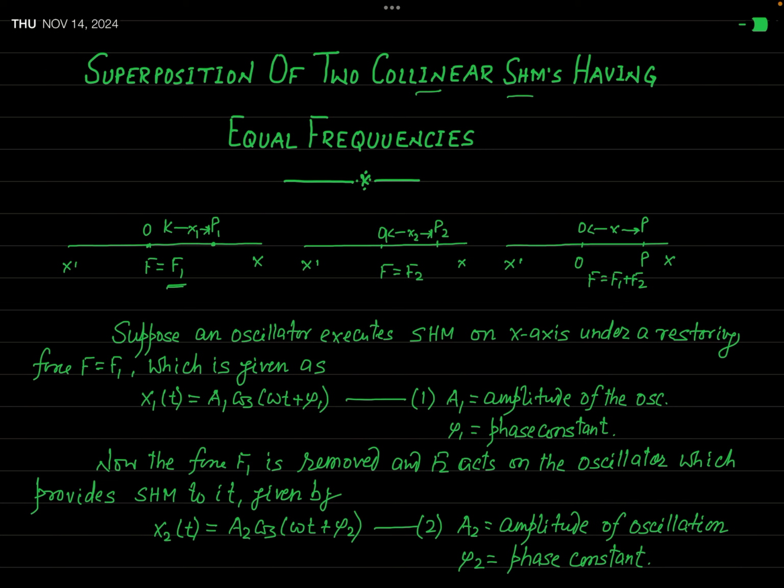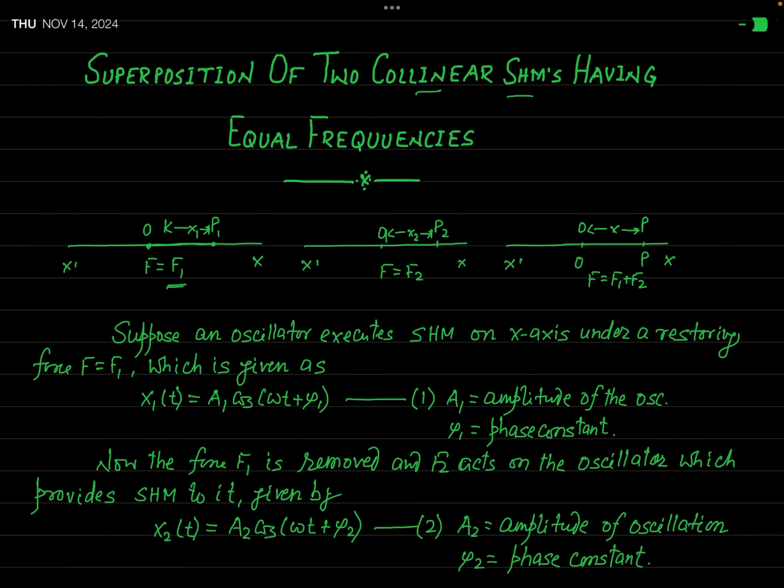And you can see this O is actually the equilibrium position. And at any moment t, we consider that x1 is the displacement of the oscillator from its equilibrium position.